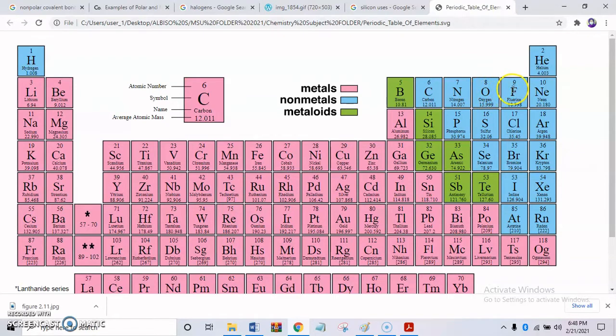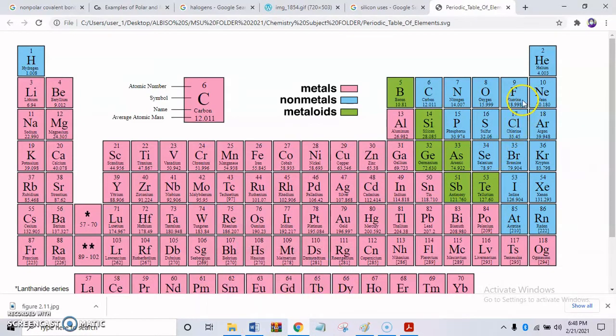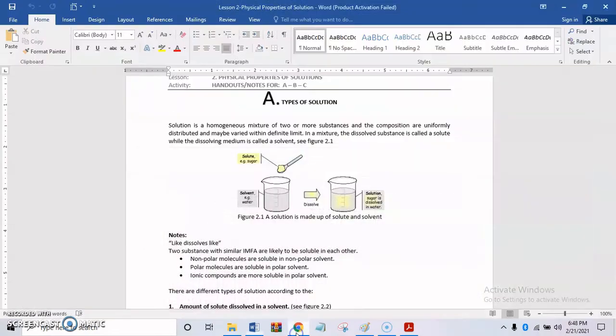Also fluorine, chlorine, bromine, and iodine, if single bonded, single fluorine, single chlorine, single bromine, single iodine, it is an electronegative element. So when you see chemical substances or chemical names with fluorine, chlorine, bromine, iodine that are single bonded, and oxygen, sulfur, selenium, nitrogen, and phosphorus, those are polar compounds or polar molecules.